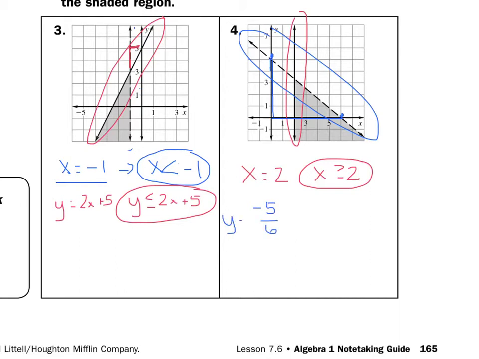So it's y equals negative 5 over 6x plus 5. Since it's shaded below and is dashed, that's y is less than negative 5/6 x plus 5. And that concludes lesson 7.6.